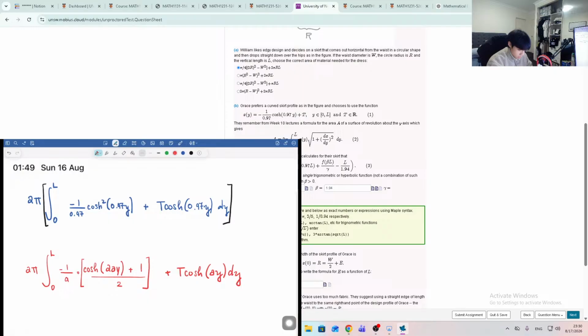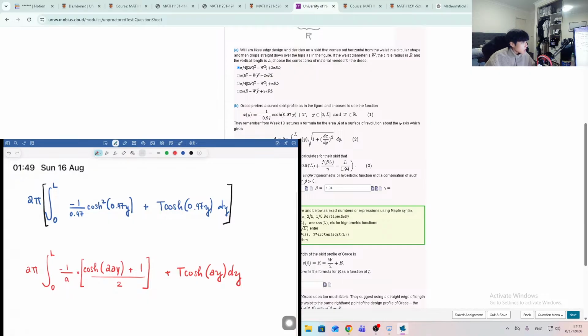Whole squared plus some t times cos of a times y. And then we're integrating from y from 0 to L, which gives you that. Could we expand that? Expand. That gets us that.